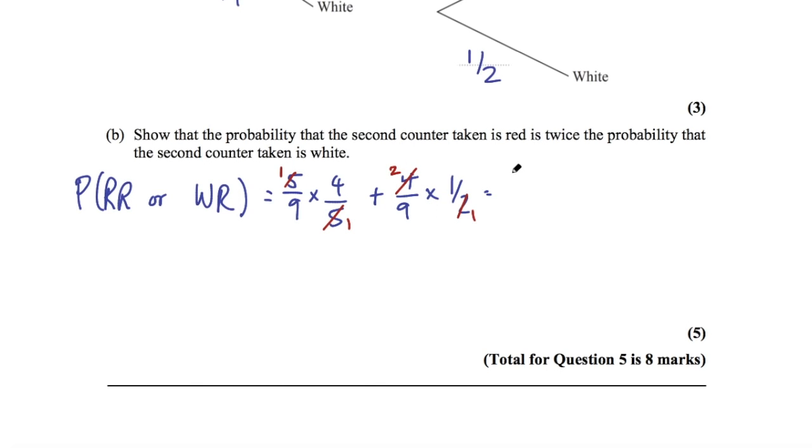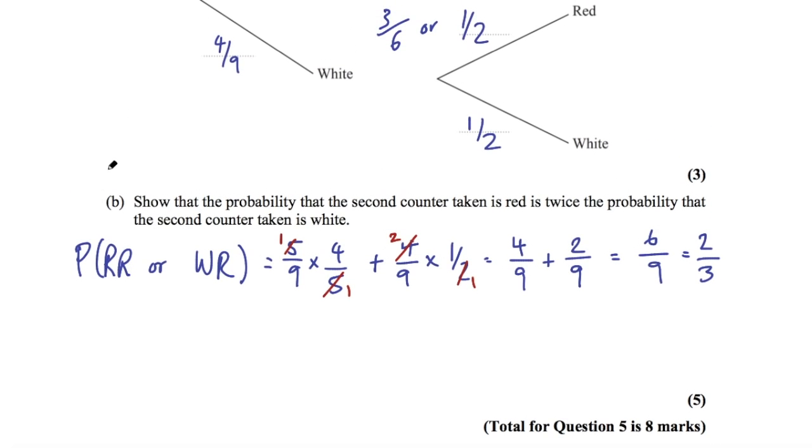So what I end up with here is 4 out of 9 plus 2 out of 9. And remember, you can only do that when you're multiplying fractions. You cannot cancel when you're adding fractions. So we have the same denominator here, a 9, so I can add the top line. So this is going to be 6 out of 9, which will equal, if we simplify that, 2 out of 3. So I've just divided both by 3 there.